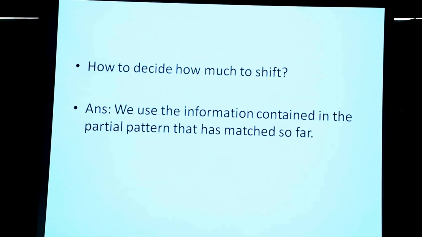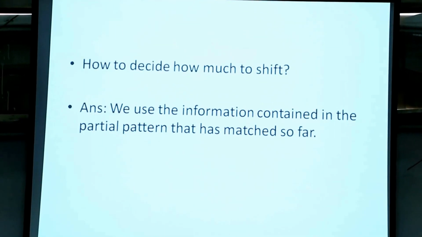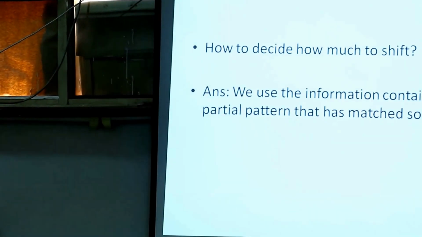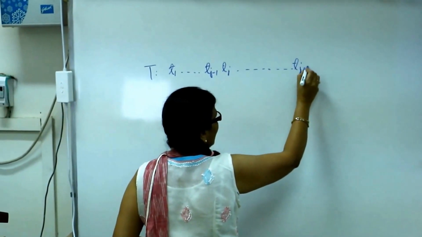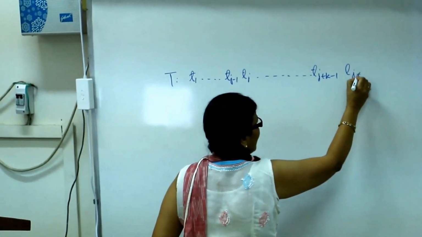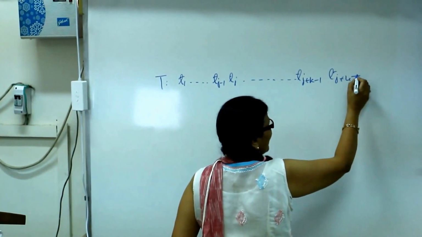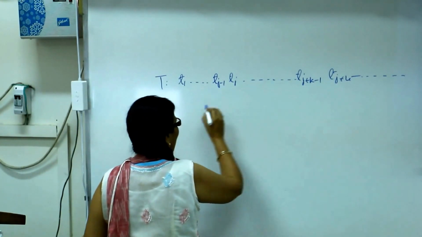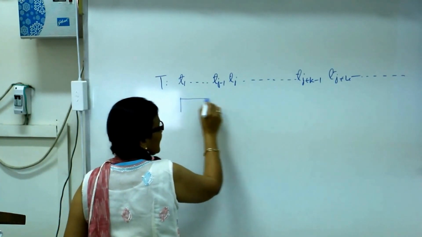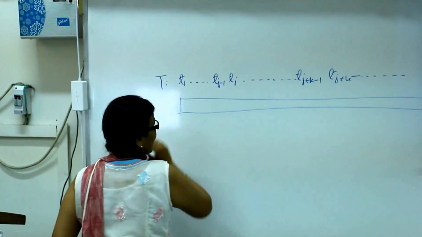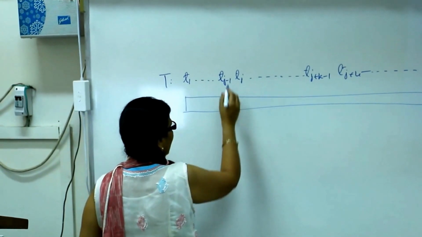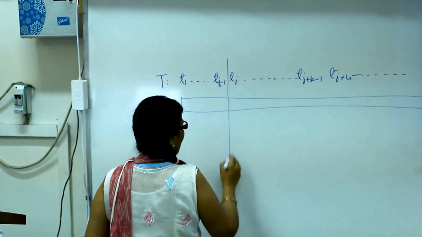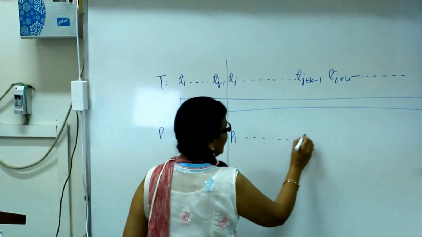Suppose that this is my text. I'll draw a figure for this. So this is my text and currently my pattern is placed here.